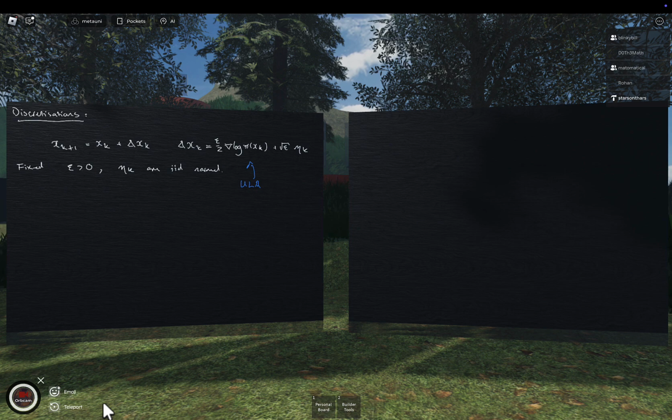Throughout they compare it to the properties of ULA, and basically show that ULA has a bunch of problems. So ULA can fail, basically due to the tails of pi(x), in Roberts and Tweedie.